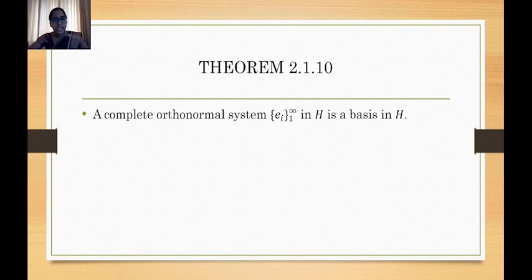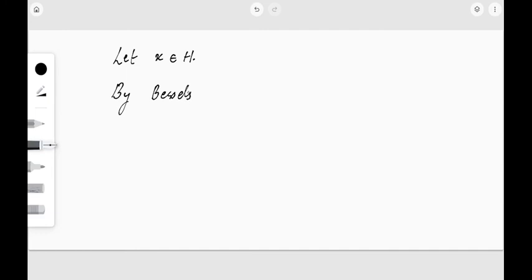Now let's see how we can prove this. First of all, we need to show that every complete orthonormal system is a basis. So let us consider an element x in the Hilbert space H. Then by Bessel's inequality, what can we say?